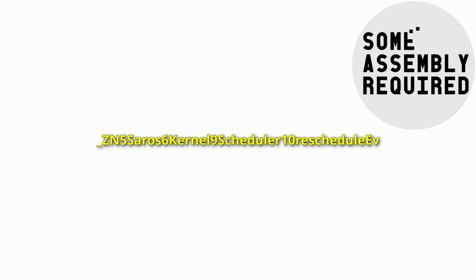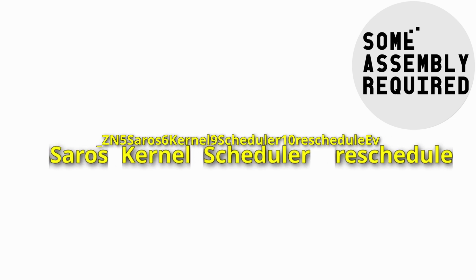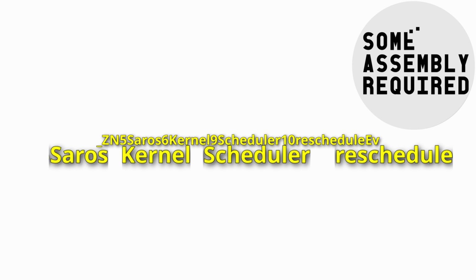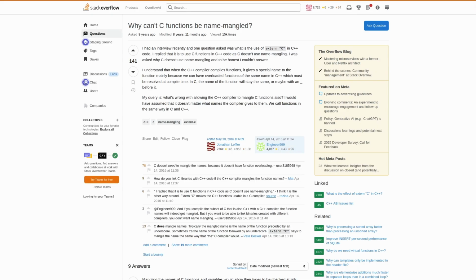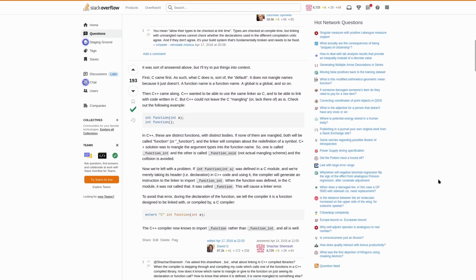If you squint just right, you may even recognize those words in there. The mess the result looks like is the reason this process is called name mangling. I won't go into the details of the what and why of the C++ name mangling. I will point out that my most popular Stack Overflow answer handles precisely this, so if you want more info, check the description of the video for a link.